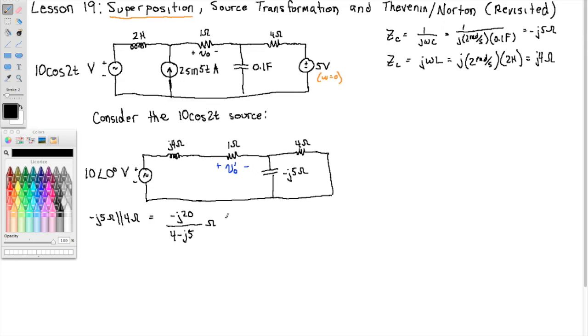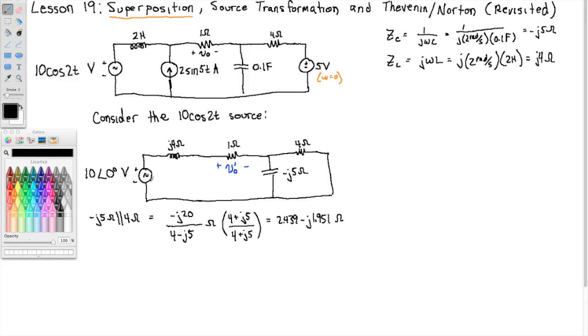If we multiply that by the complex conjugate of the denominator, then the denominator becomes purely real, and you'll see that we get 2.439 minus j1.951 ohms. So that's the equivalent impedance of this parallel part of the circuit there.